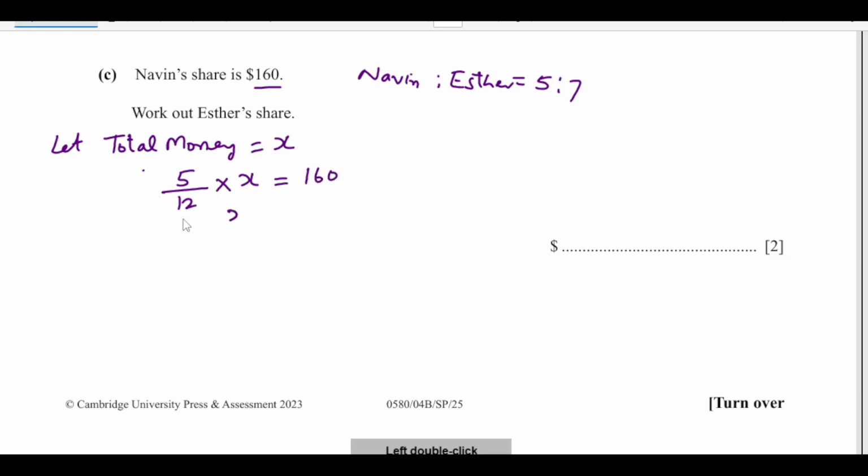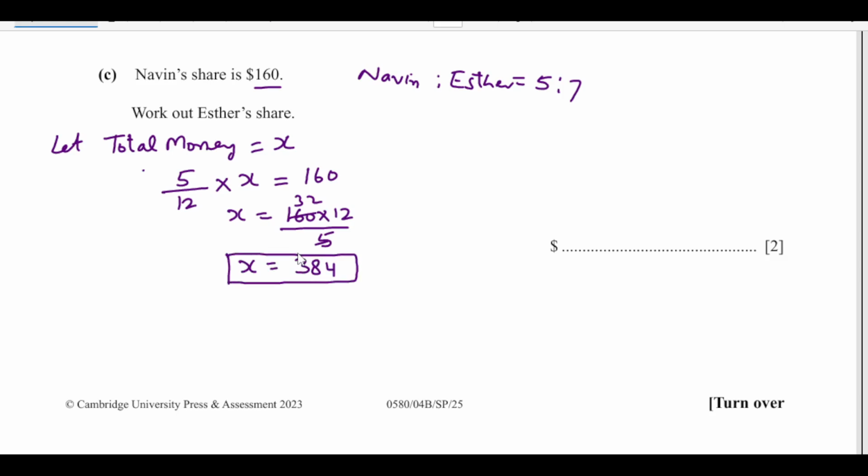So from here we can find the value of X: 160 times 12 over 5. So 5 times 3, 5 times 2, 32 times 12, this is 384. So this is the total money, right? The remaining is Esther's share. So Esther's share is 384 minus 160, which comes out to be $224, right.